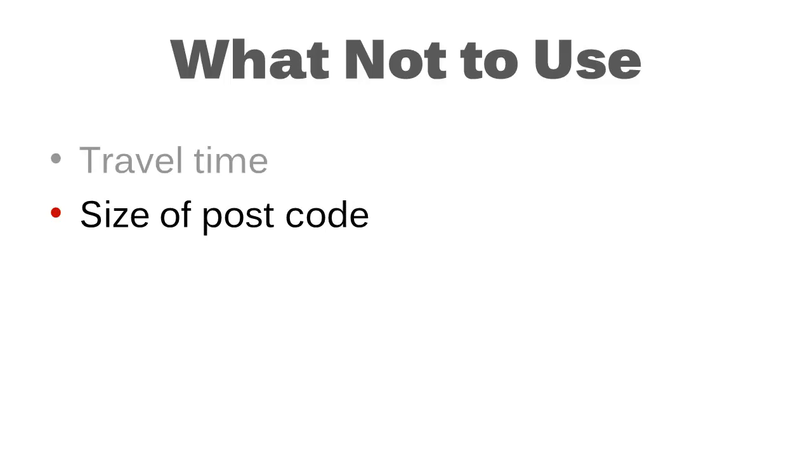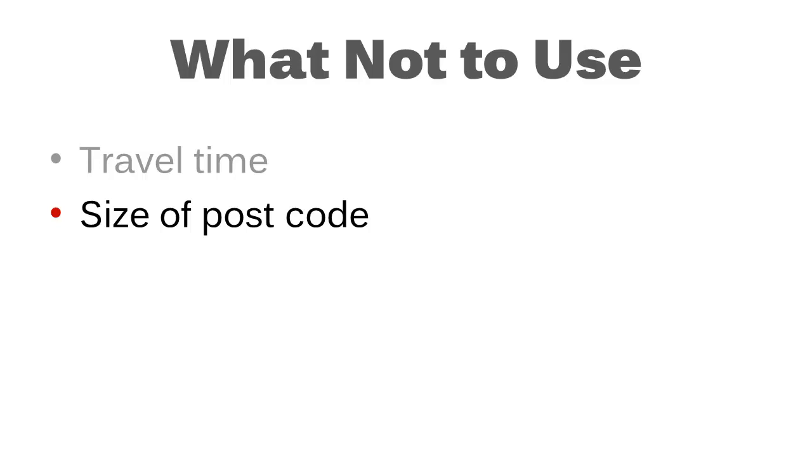One that you can include, but we recommend that you don't, is the size of the postcode, or the zip code. So you could say, this zip code is very big, therefore I'm going to use the area as a proxy for travel time and the amount of work associated with going around the zip code or postcode.